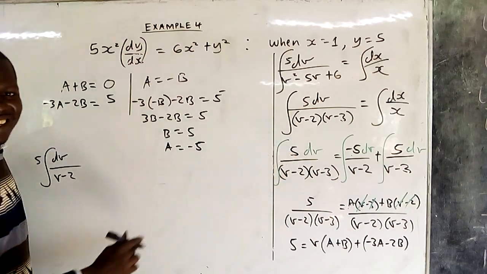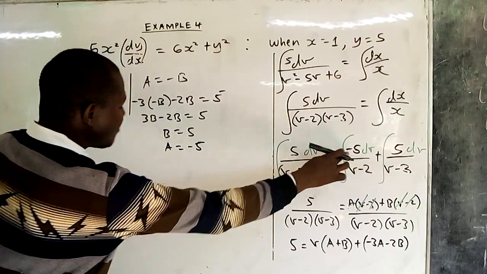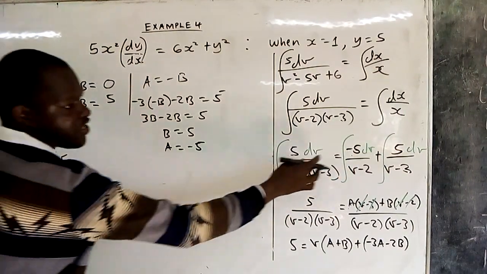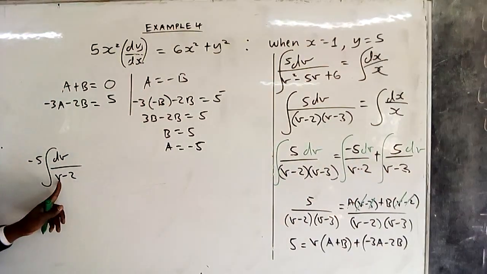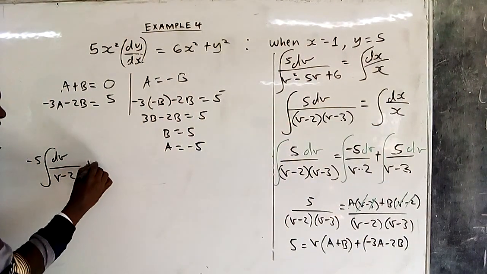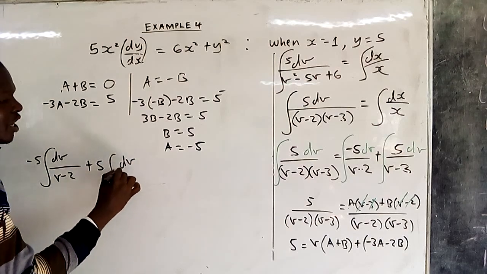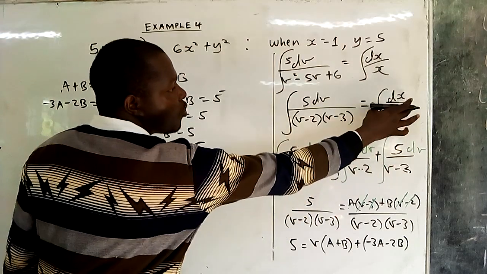I've removed it outside, isn't it? Are we together? Is it 5 or negative 5? It is this one, isn't it? Negative 5, if you remove outside, you remain with dv over v minus 2, isn't it? Then here, if you factorize out 5, you get plus 5 into dv over v minus 3 to be equal to what?